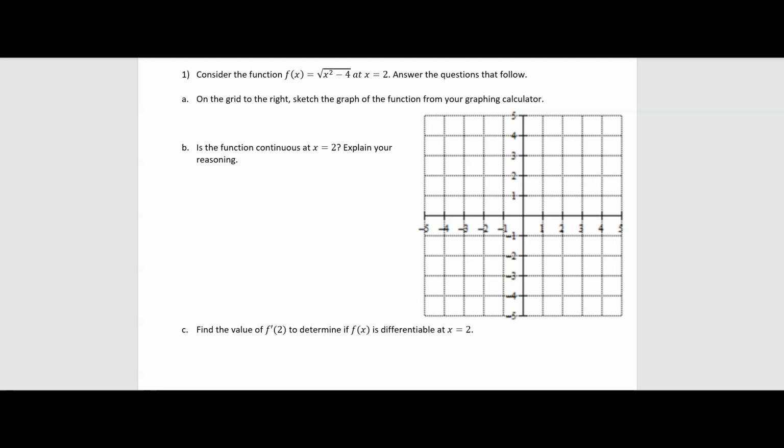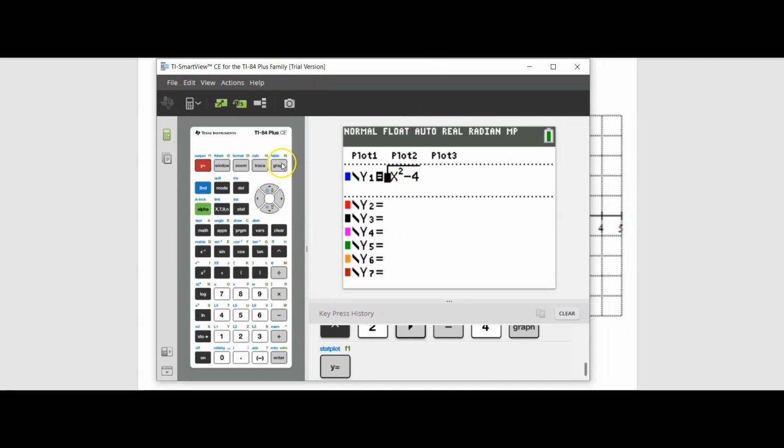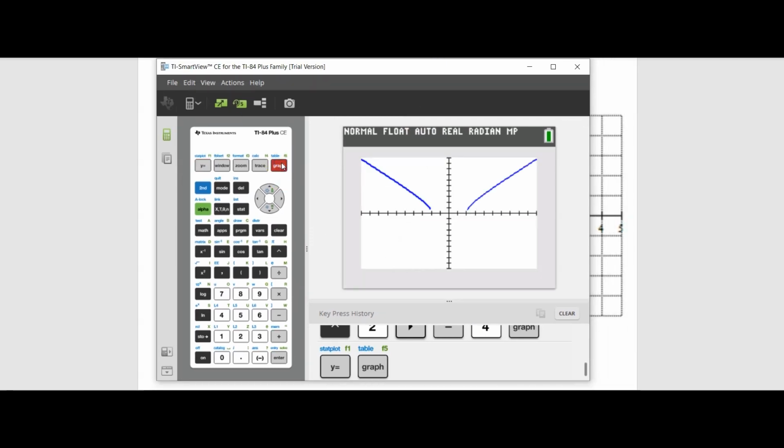Okay, so hopefully you've graphed it in your calculator. I can pull up the TI-84 software just so you can see. I've already entered it. If I hit graph, we get something that looks like this. On your calculator, it may look like it doesn't quite touch the x-axis here and here, but that's just the pixels on your calculator.